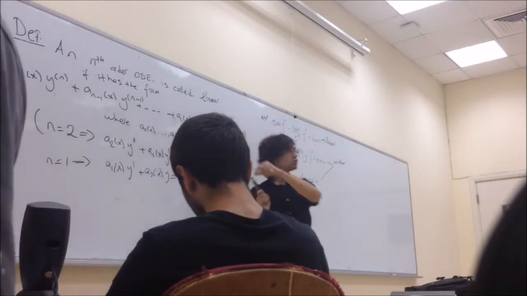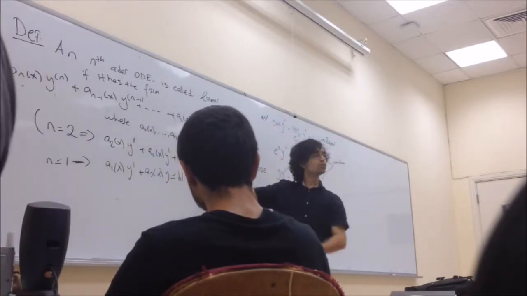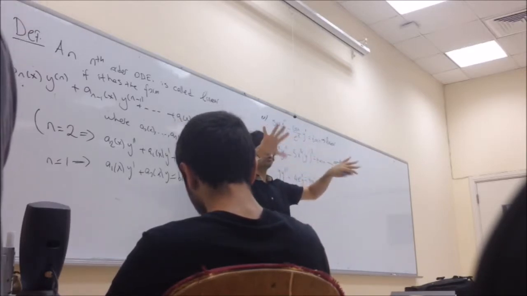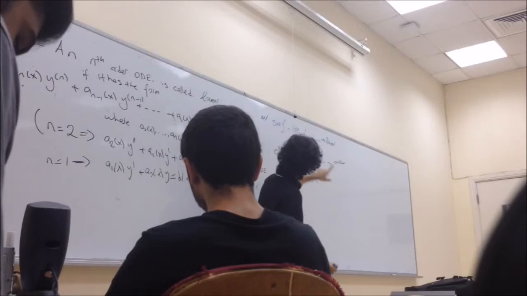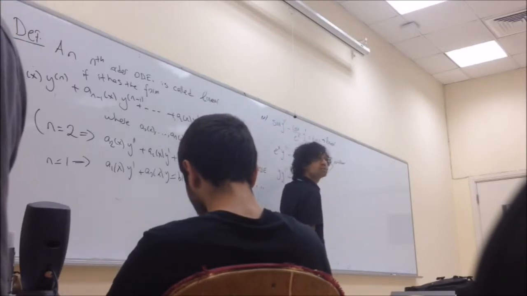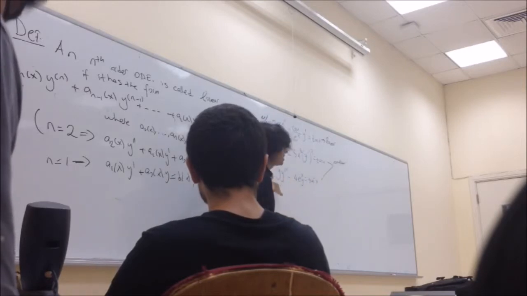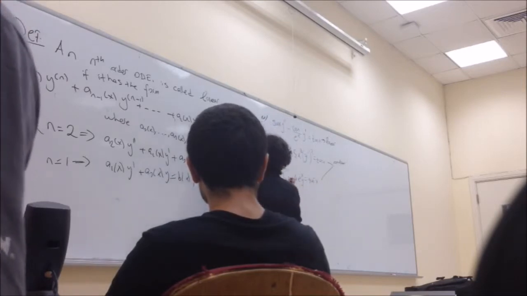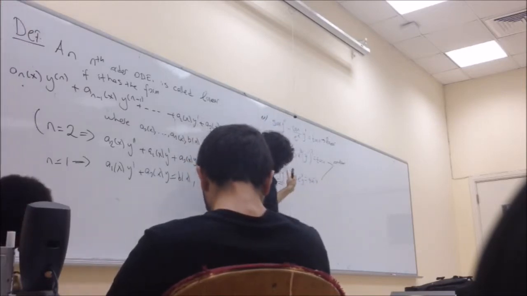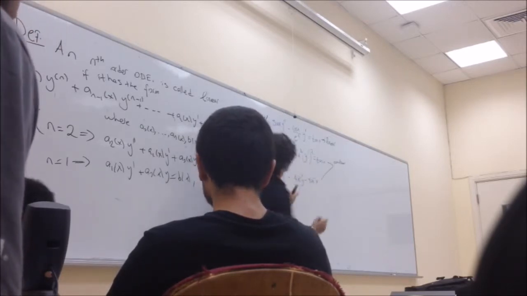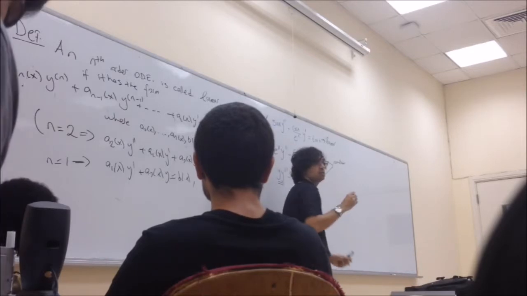In a linear differential equation, the unknown function and its derivatives are all separated from each other. You do not see them together. Because of this term, this is not linear. In the second one, this is not linear either, because of this term here: you are multiplying y with its third derivative. Because of these two terms, these are non-linear.